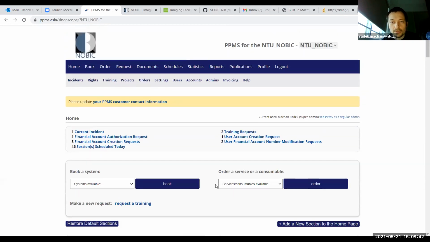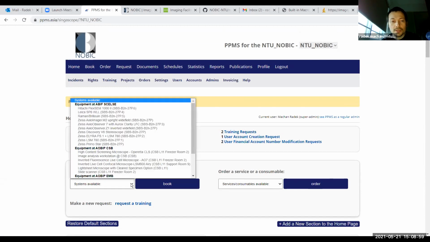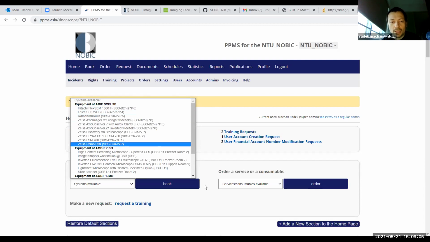So I am now logged in with my account, which is an admin account, but some features which everyone should see is here, the selection to book a microscope. So here you can see which microscopes are available. Now this is the complete list of all equipment in the facility.